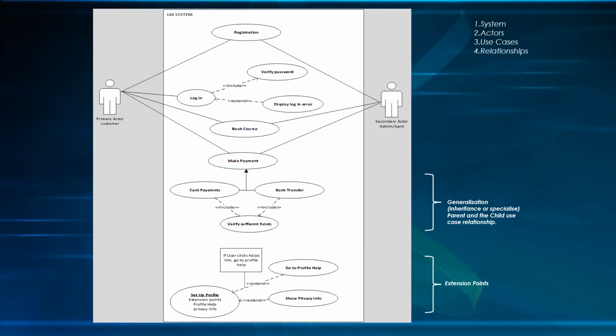Admin or the system automatically updates the database. So that's the connection. Now, as a primary actor, say student, you can log in. Every time you log in, there's an include relationship, which is the system verifies your password. There's also an extend relationship.